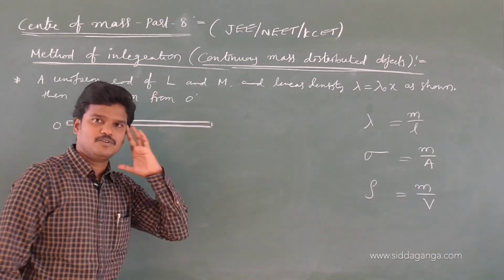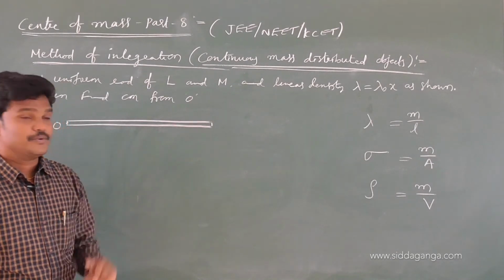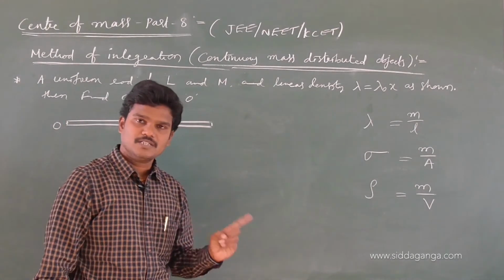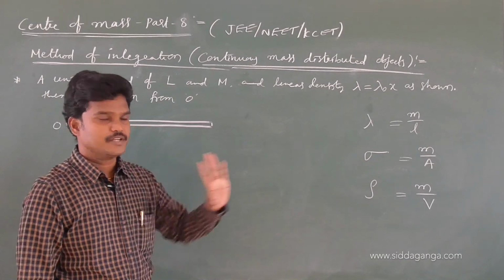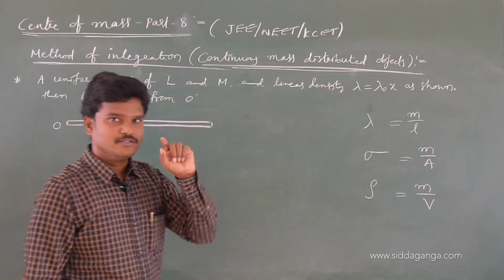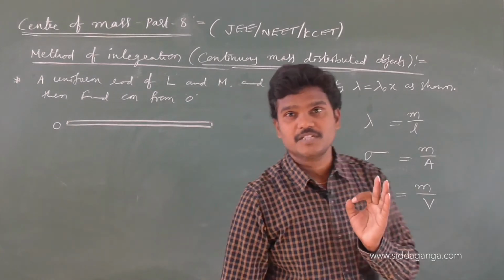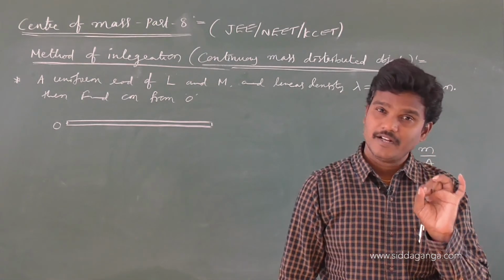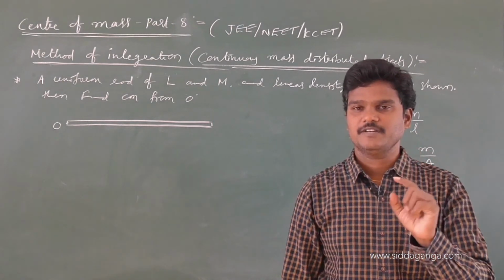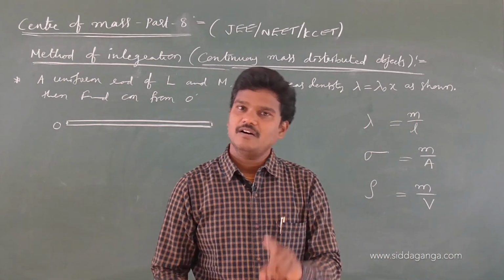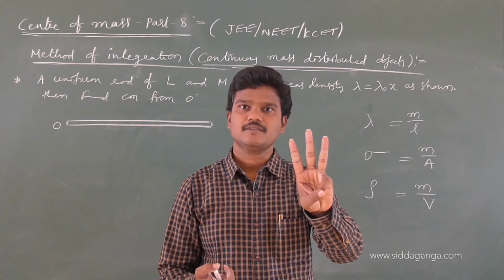Keep these three formulas in mind. Based on the given object, I am going to use lambda, sigma, or rho. So first identify whether the given object is a linear object, areal object, or volumetric object.